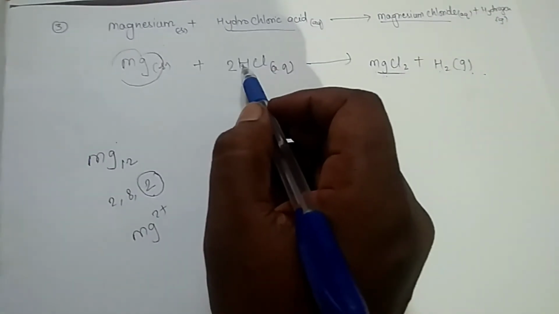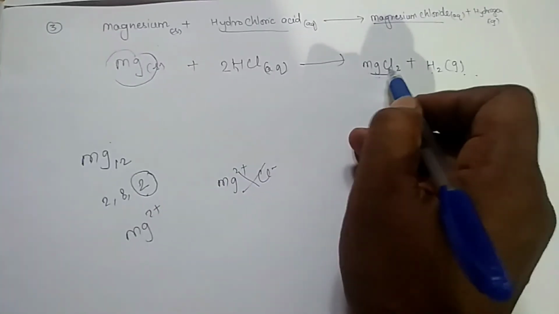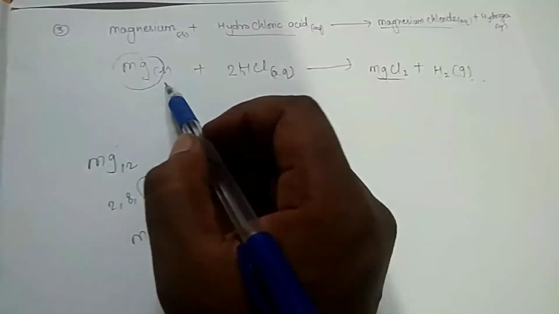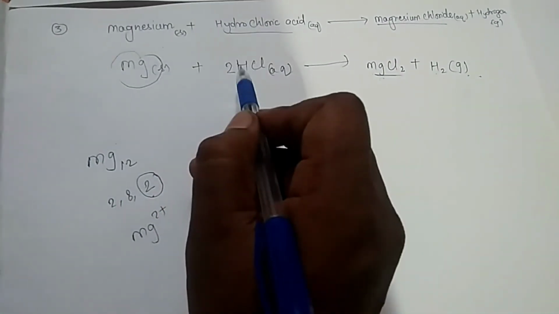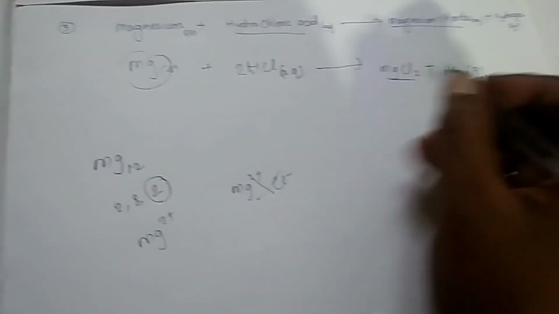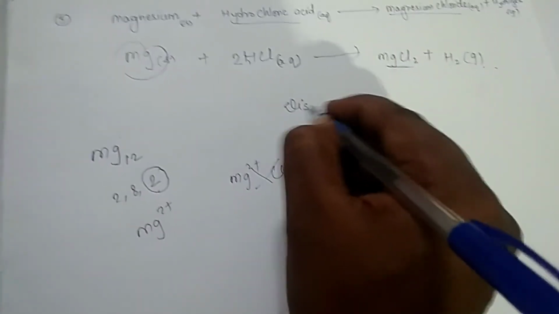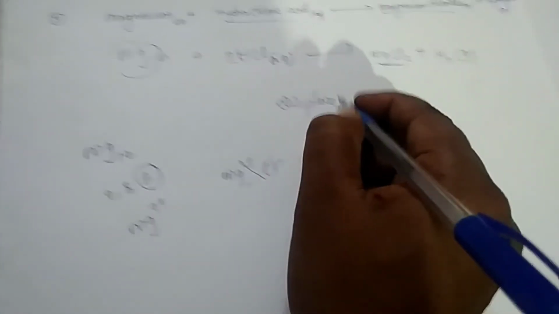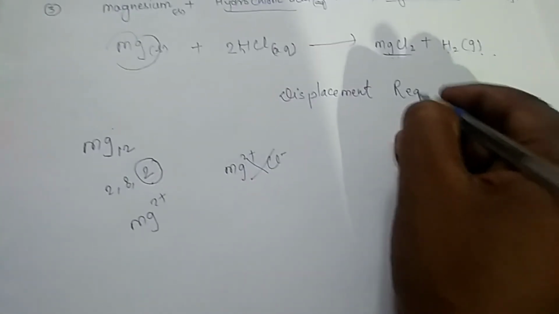Because hydrogen is with chlorine, but in the product chlorine is with magnesium. So, being a highly reactive metal, magnesium displaces the less reactive hydrogen and forms magnesium chloride plus hydrogen gas. So, we can write displacement reaction.